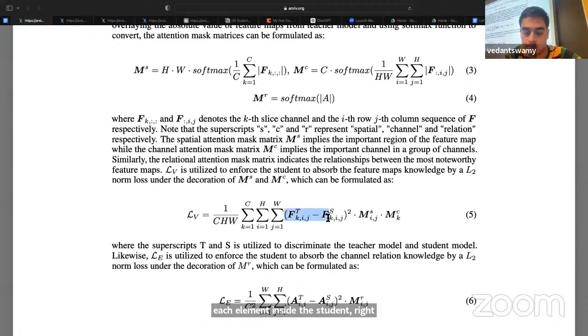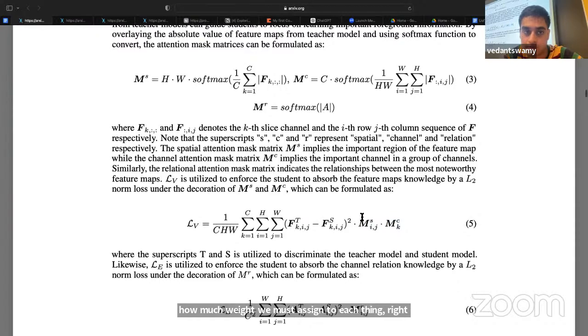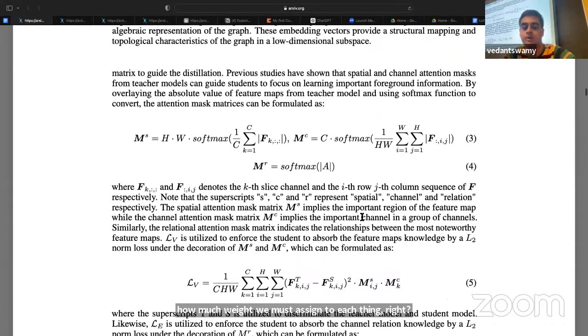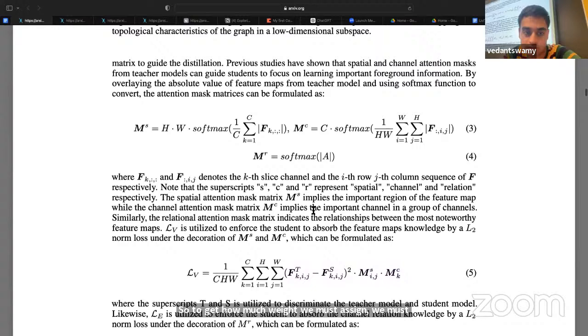So this is what that says. And we need to multiply it by how much weight we must assign to each thing. So to get how much weight we must assign, we must understand how important each is.